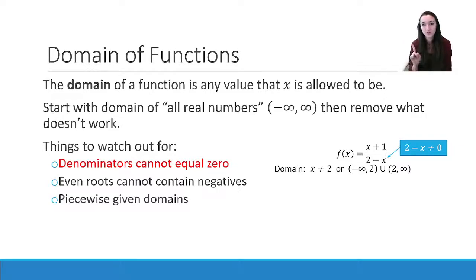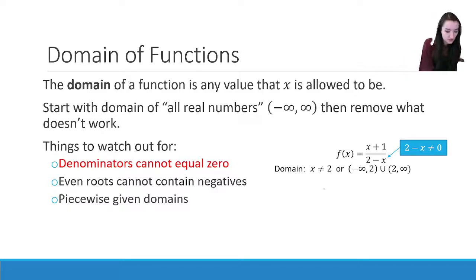But remember that we usually want to write our domains in interval notation in this class. So to remove 2 from the domain from that all real numbers, we're going to have to unify 2 sections of our number line.